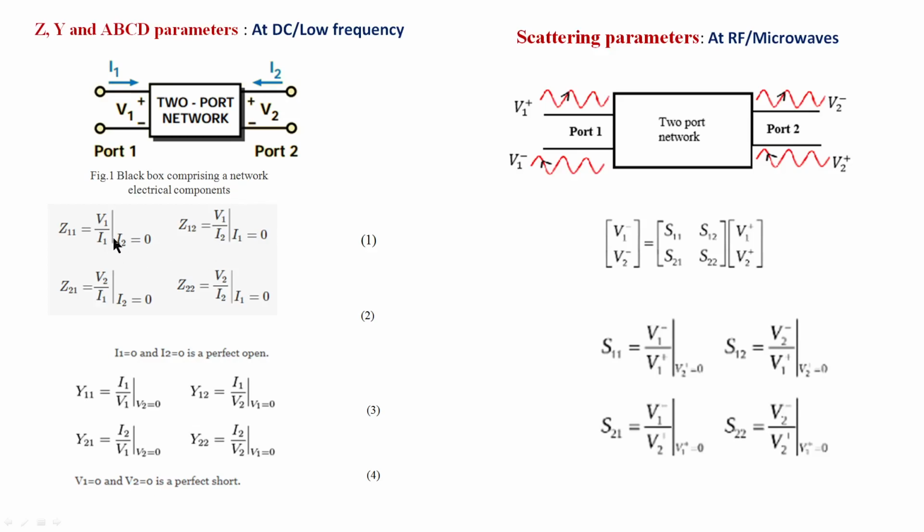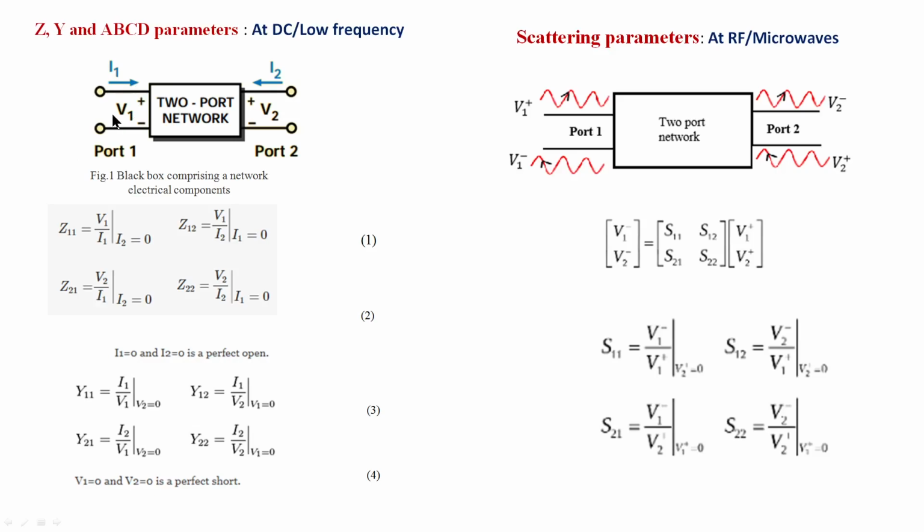Also, at low frequency we are using Z parameters and Y parameters. For the measurement of these, what we need is, while measuring a parameter on this side, the other port must be short circuited or open circuited. See, I2 is equal to 0. While measuring the input parameter Z11, we are measuring the input impedance here.